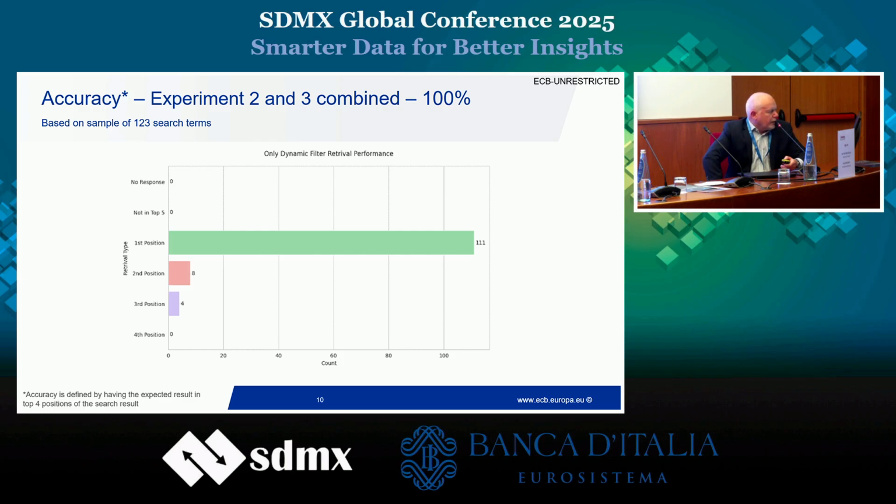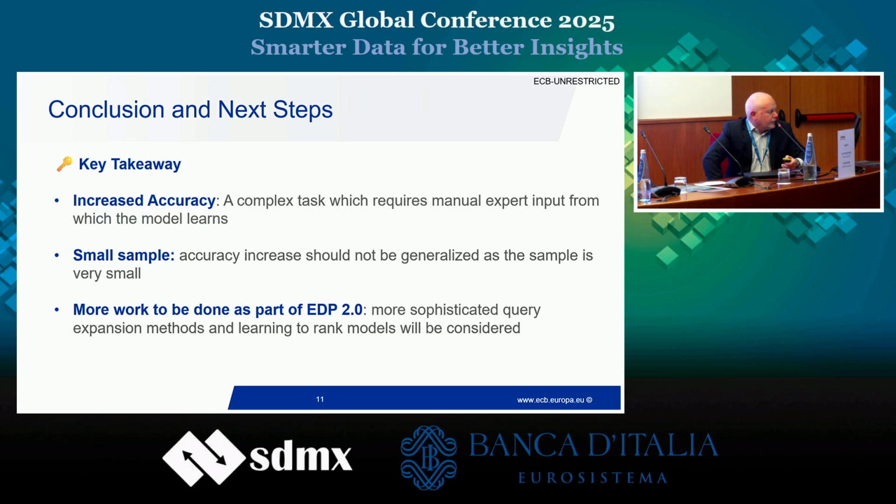But if you combine it with the AI tags, we actually reached 115. And I think the second position came in with 6 and the third position with 2. So it was a bit better combining it also with the AI tags.